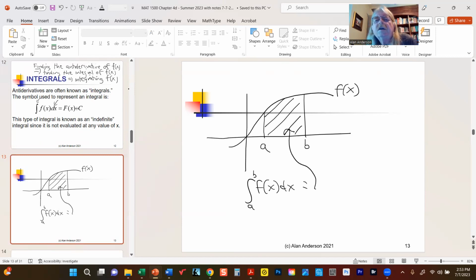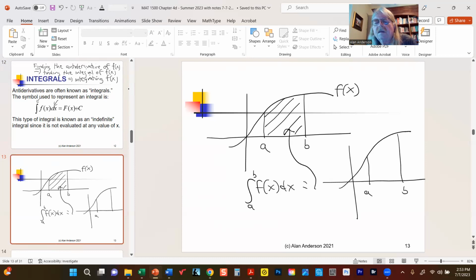Now, you can approximate this area by imagining a series of rectangles that we construct between a and b.